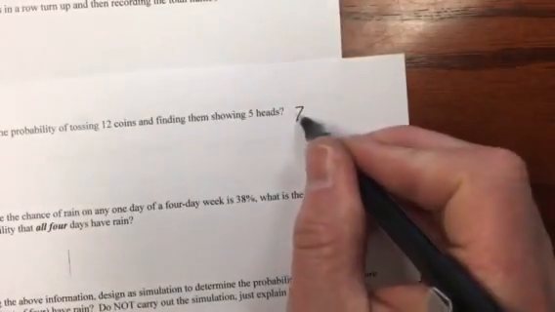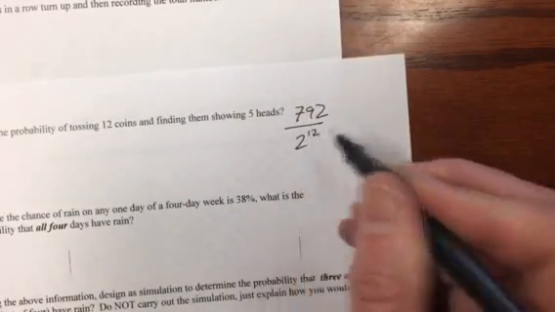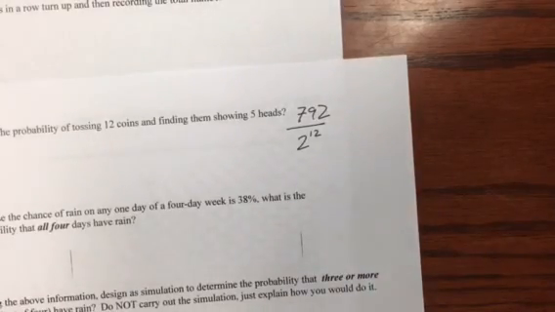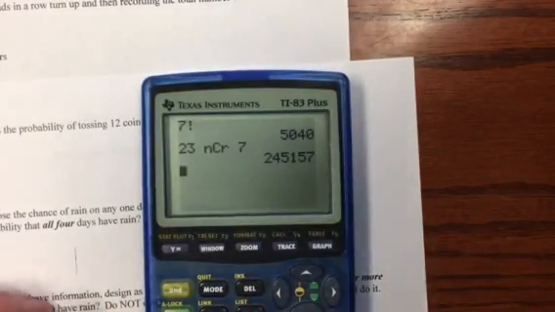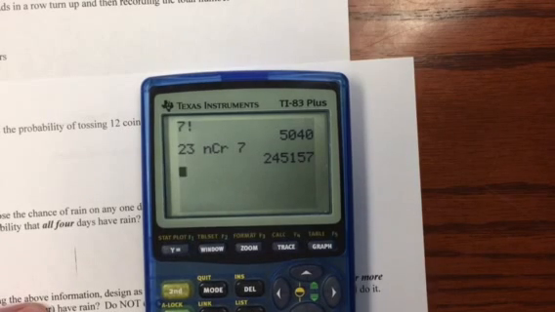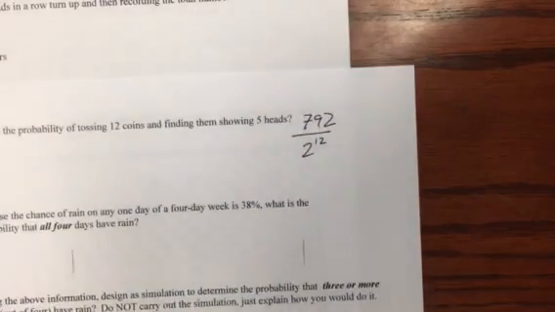That's how many ways. But there's a total of 2 to the 12th ways possible. When we add up any Pascal's triangle row, it's always 2 to that row number. So I do 792 divided by 2 caret to the 12. And I get 19.3%.